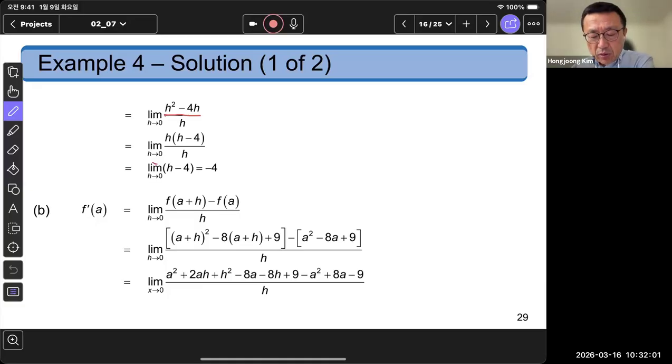Now h goes to 0 as h approaches 0. But at that point h does not become 0. So we do not consider the case when h is 0, meaning h is not 0, so I can cancel this term.